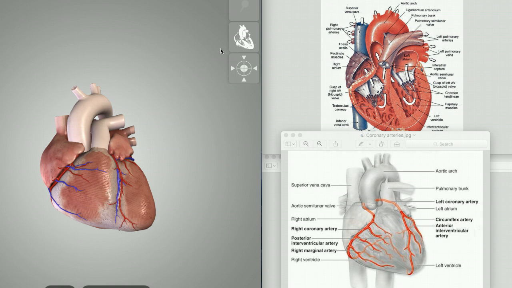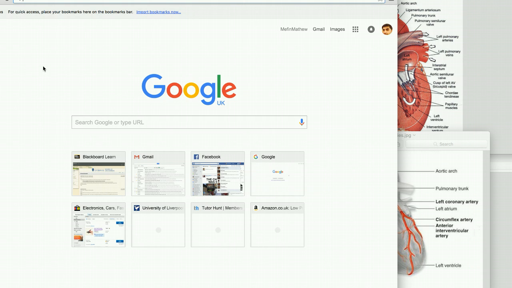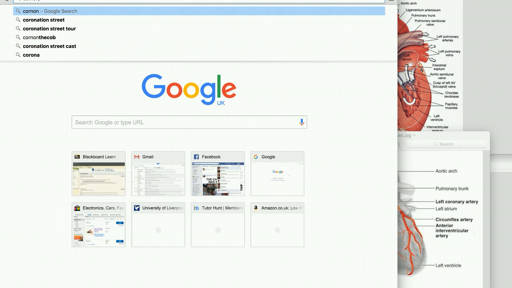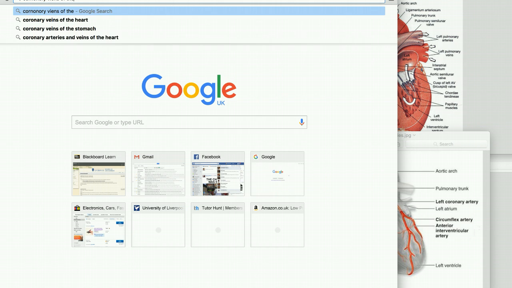Now, if we were to dissect this open, before I do that, I think I should go through the veins that supply the heart.